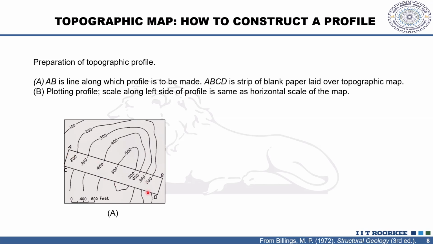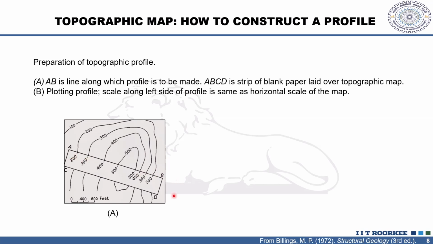We take a strip of paper as shown here and align it along A and B. We mark the points where the paper crosses each contour line. So here is a contour, here is a contour, here is a contour, and each has a specific value. We mark that contour and add that specific value here.